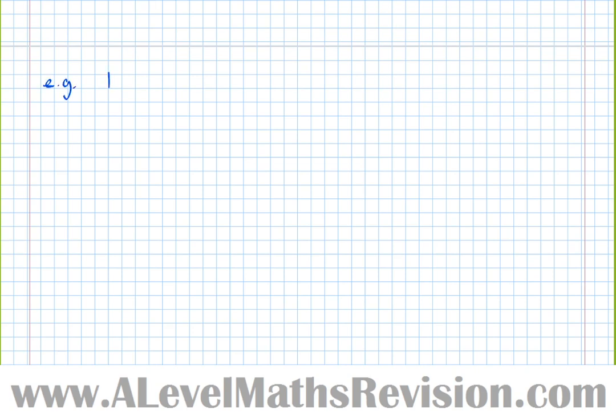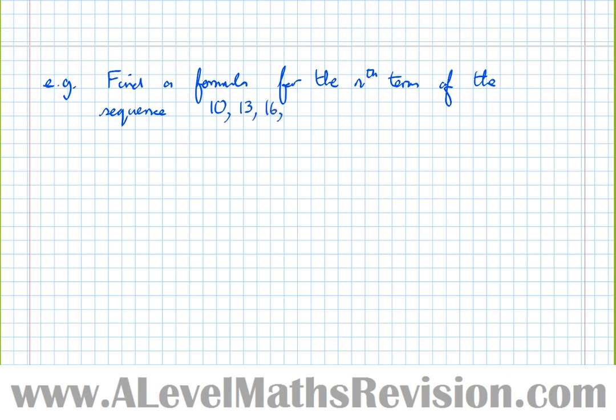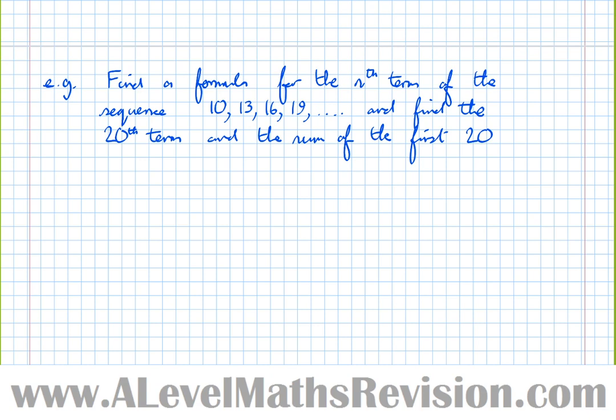For example, find a formula for the nth term of the sequence 10, 13, 16, 19, and so on, and find the 20th term and the sum of the first 20 terms.